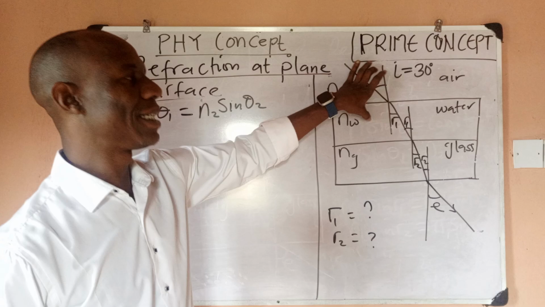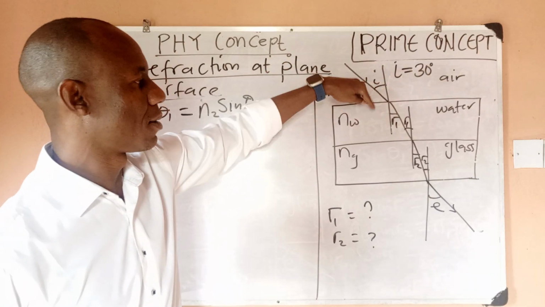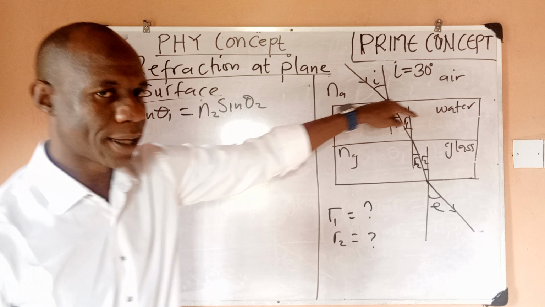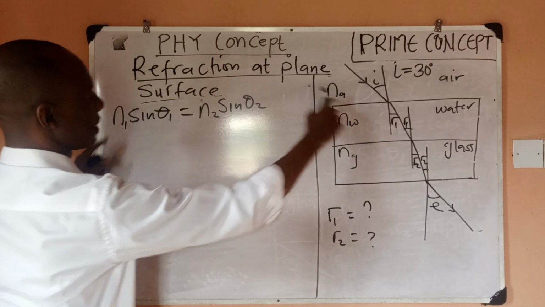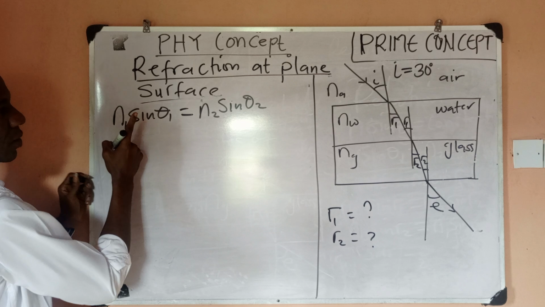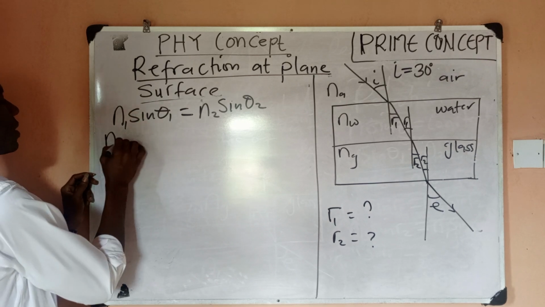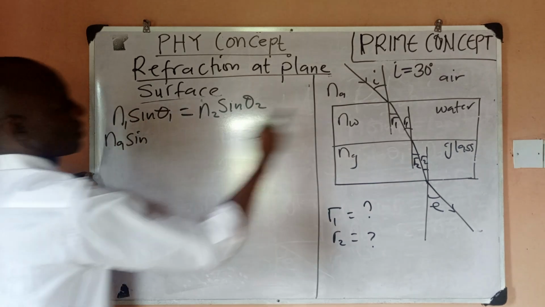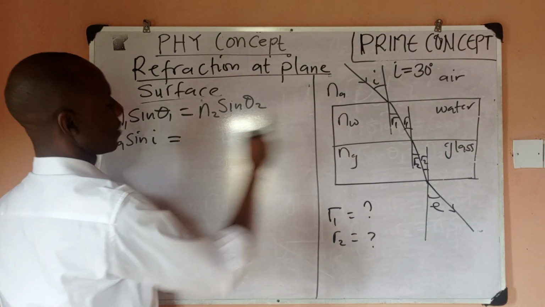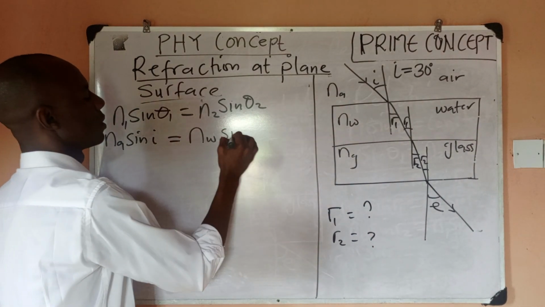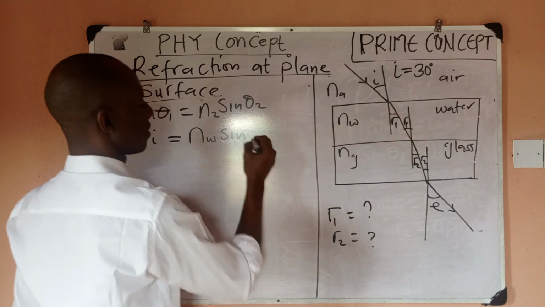Applying it for this first pair of media, air to water, my first refractive index is N air, so N air sine i equals my second refractive index, N water, sine of my second angle, R1.